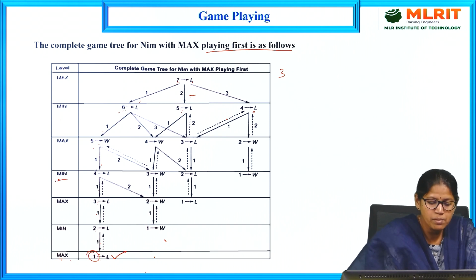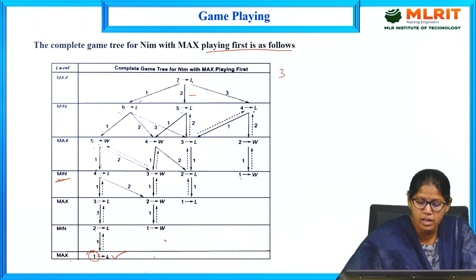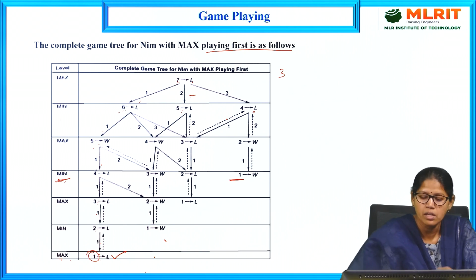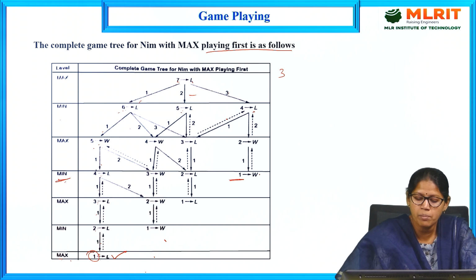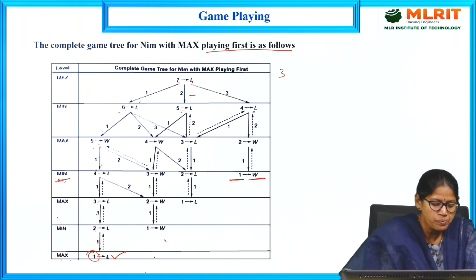Next, at the min point, there are other possibilities also. At the min point, the last matchstick is picked by min, so according to the max point, it is a winning position for max. Let's look at another one. At a max level, the last matchstick is taken by max, so it is a loss.